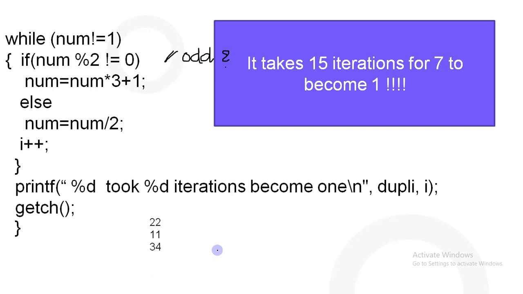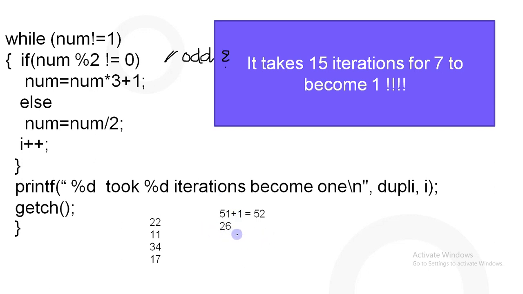In the third iteration 11 is an odd number, 11 will become 34 because 11 into 3 is 33, 33 plus 1 is 34. In the fourth iteration 34 will become 17 because 34 is an even number. 17 is an odd number, 17 into 3 plus 1, it becomes 52, 51 plus 1, 52. So this is the fifth.